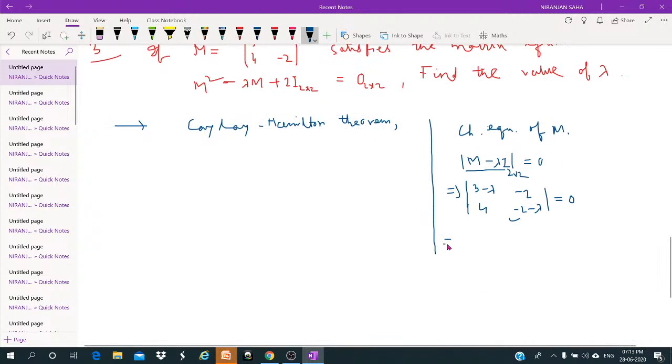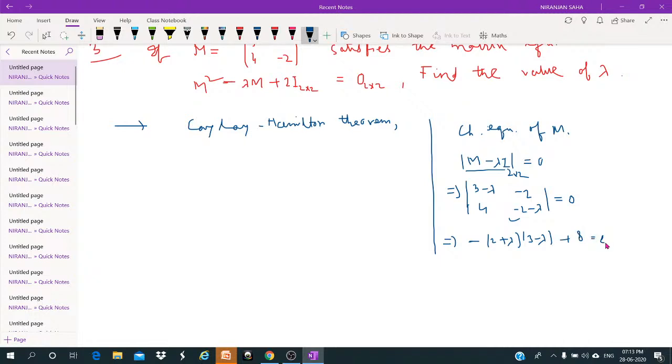Now the characteristic equation will be minus (2 plus lambda) into (3 minus lambda) plus 8 is equal to 0.